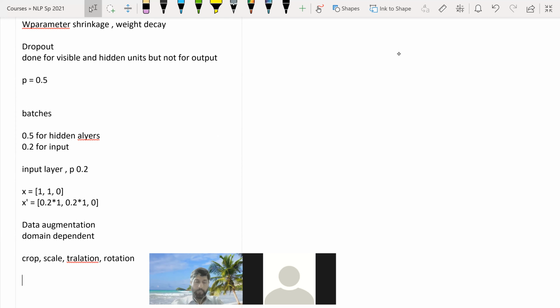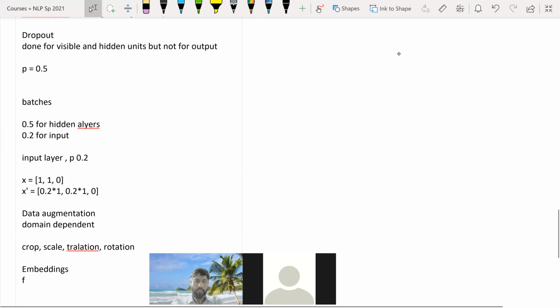For NLP, one technique that has been somewhat explored in recent years is to use embeddings. Embeddings, of course, are trained separately, and for each word you have an embedding. So let's say you have the word fish. Fish would have an embedding, and if fish occurs in a data set, you use the corresponding embedding for fish.